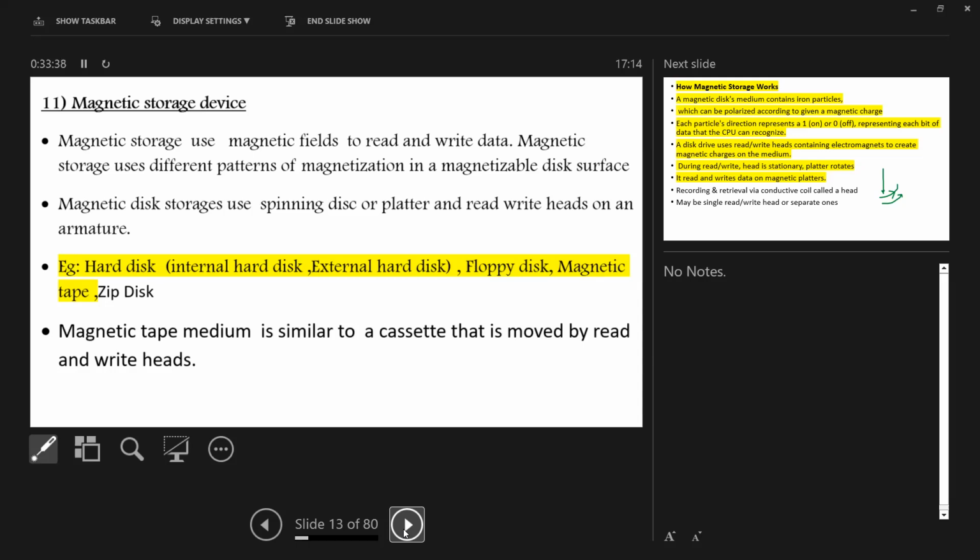But floppy disks and magnetic tapes are very rarely used now; those are outdated. Magnetic tape medium is similar to a cassette tape that moves past read and write heads, but we are not using magnetic tape nowadays. We'll discuss after this how magnetic storages work. First, we'll copy down these two.